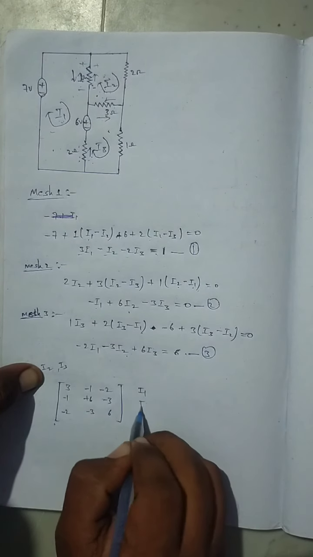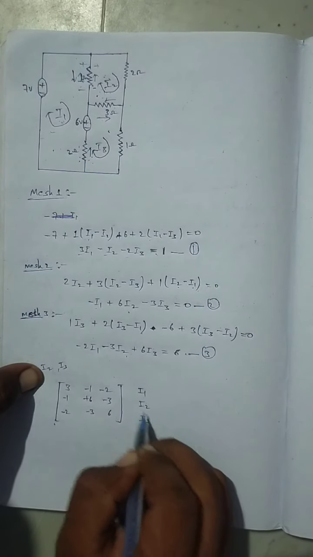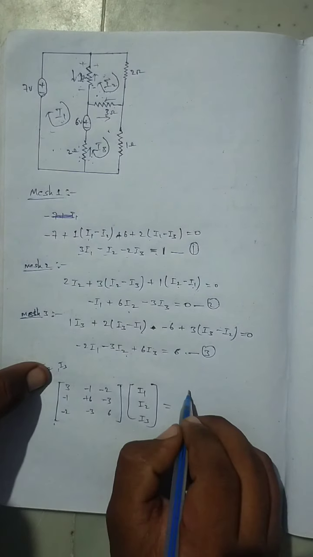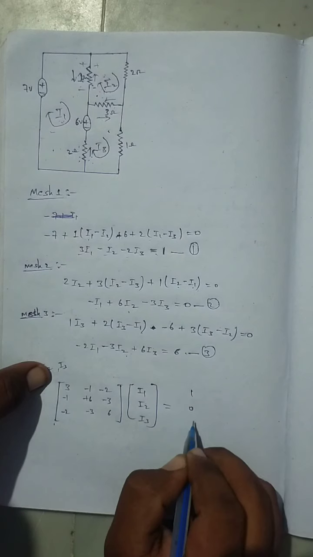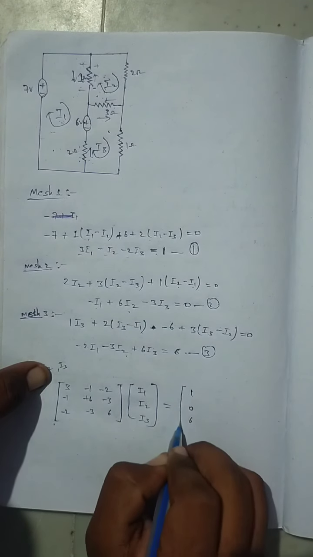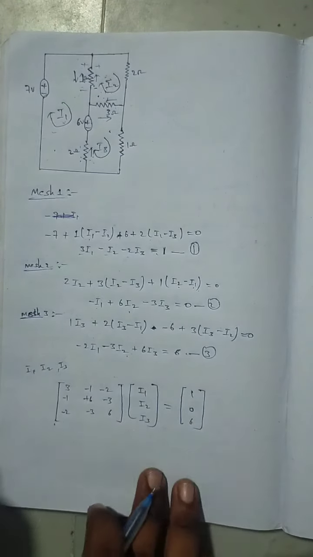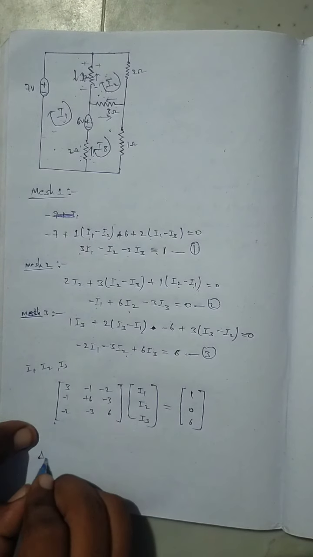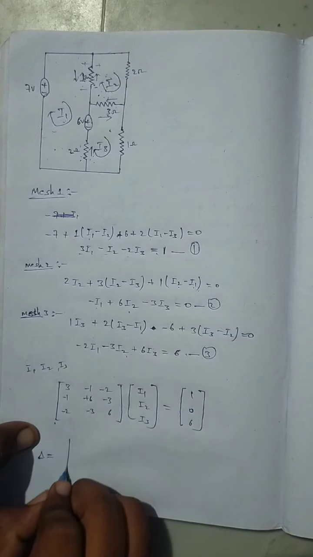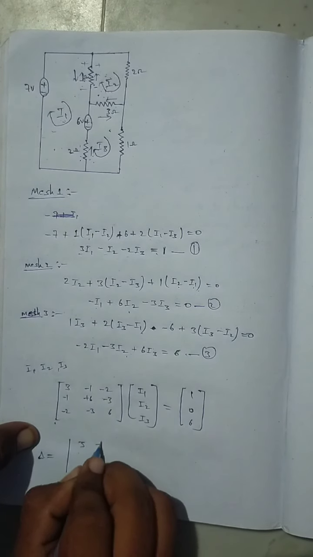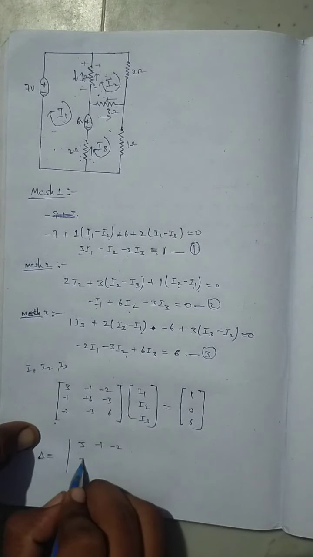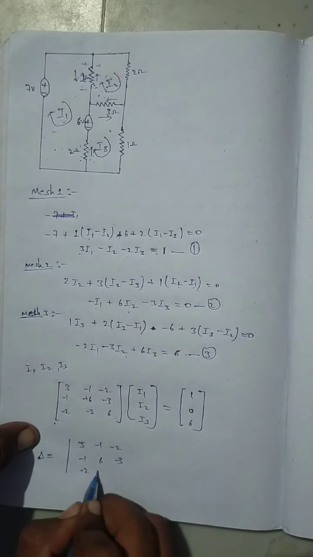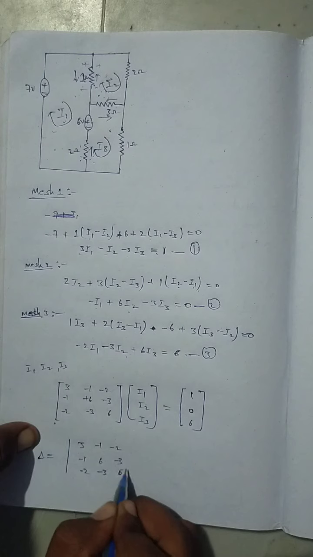Multiplied by I1, I2, I3 is equal to 1, 0, 6. Now delta is equal to the determinant of 3, minus 1, minus 2; minus 1, 6, minus 3; minus 2, minus 3, 6.